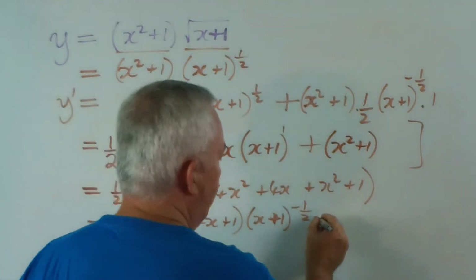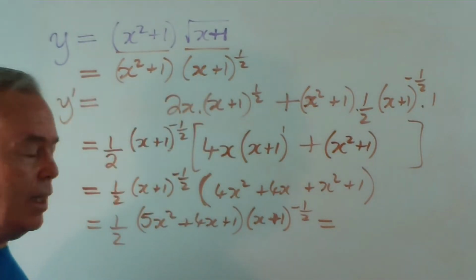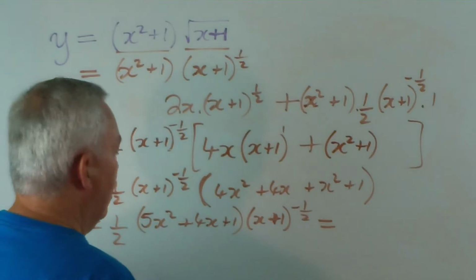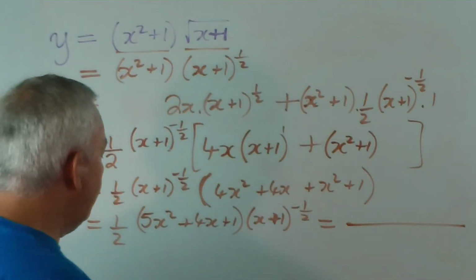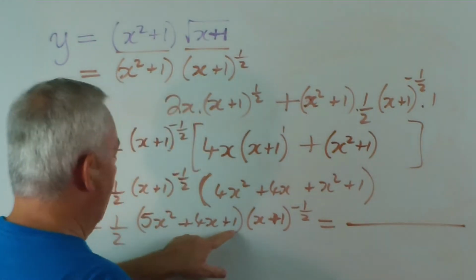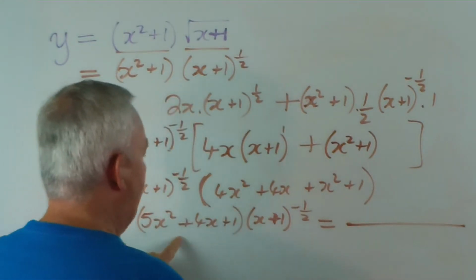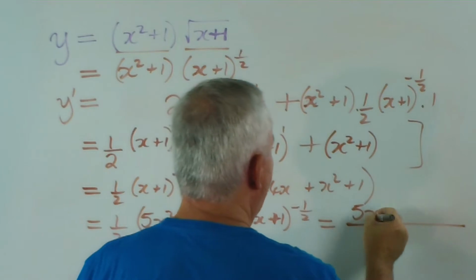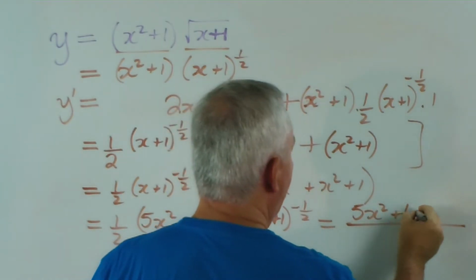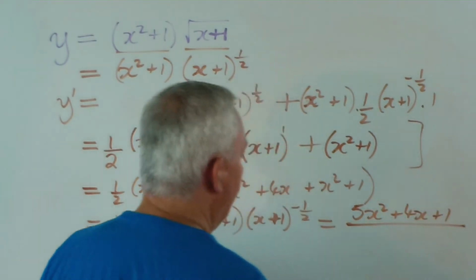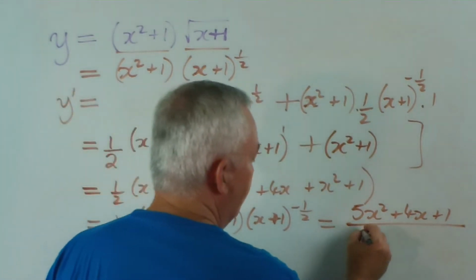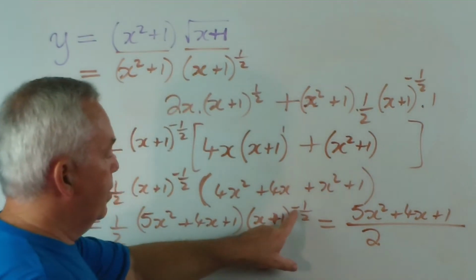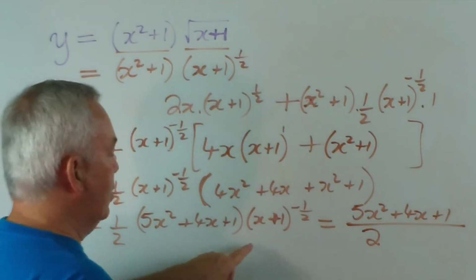I don't want to, I'll disappear off the bottom of the board if I go down, so we'll work across. We could write a vinculum, that's what we call our dividing bar. This of course goes on the top because it's a positive power. The 2 goes on the bottom because it's a half. And because this is a negative power, this goes down to the bottom as well.